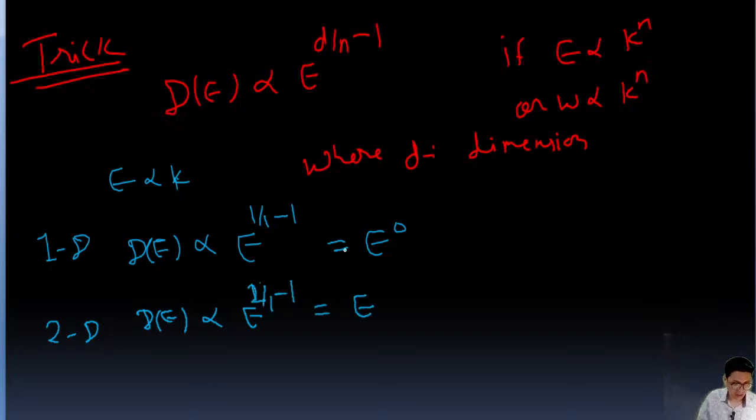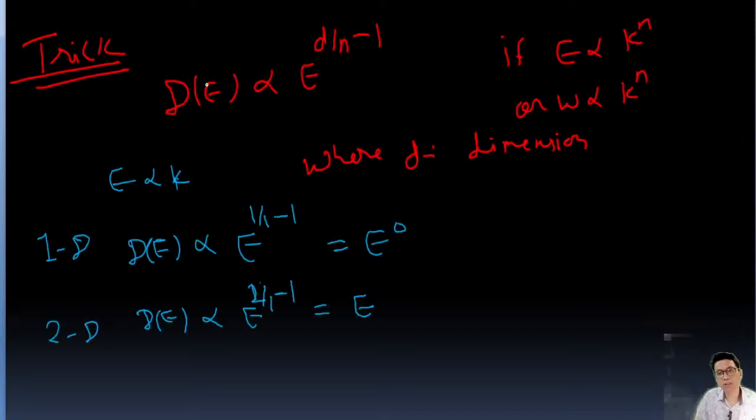Similarly, we are using this trick, guys: how we are going to get the density of state if we have a given dispersion relation, that is E proportional to k to the power n, or omega proportional to k to the power n. So E proportional to k square is given, which implies n equal to 2.